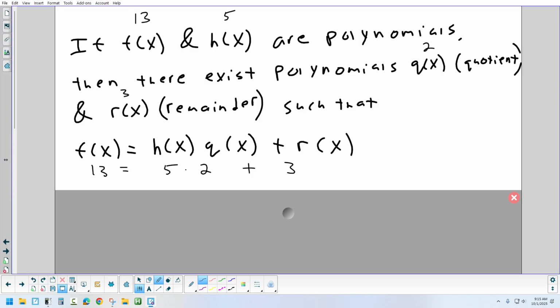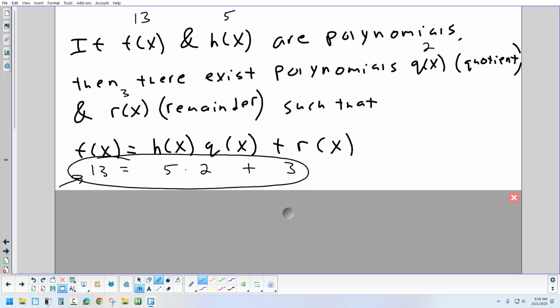Okay. What are you actually doing right here? You learn about that when you do long division. You multiply your denominator times your quotient and add your remainder and see if you get the original number that was in the top of your fraction. What is this actually doing for you? Well, it's one way to see if what?